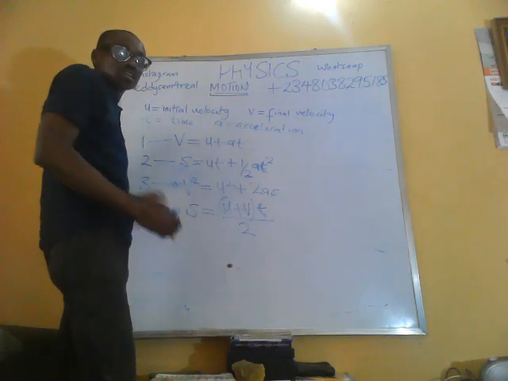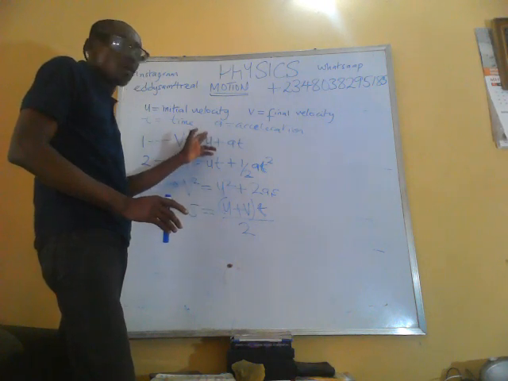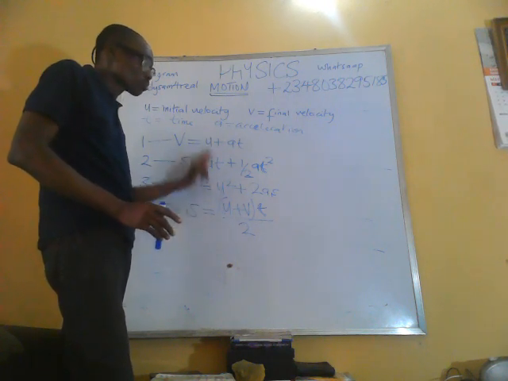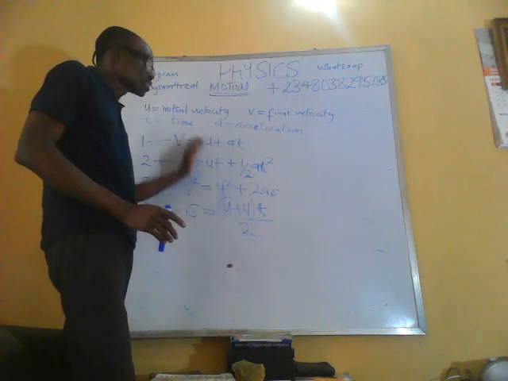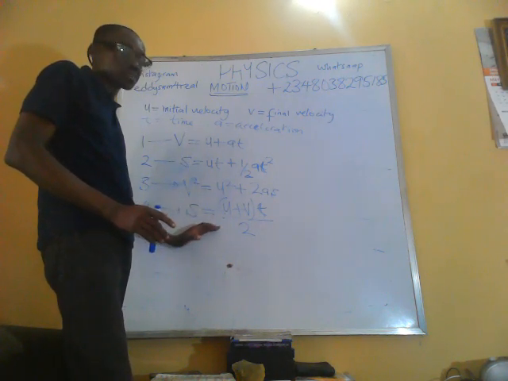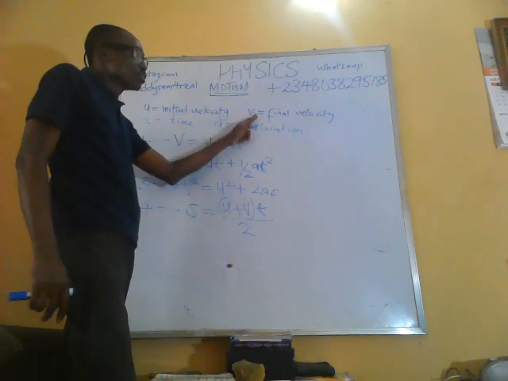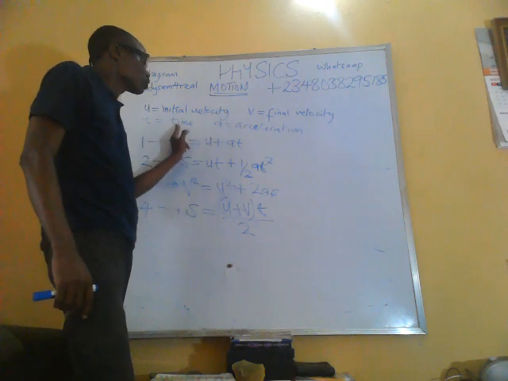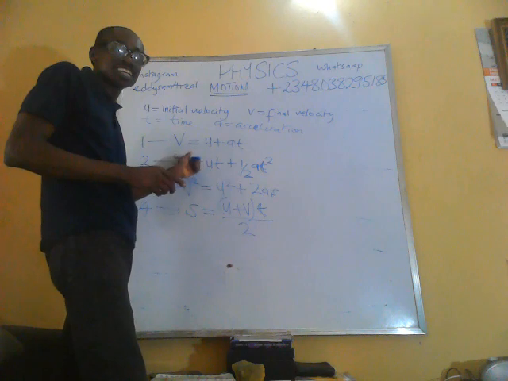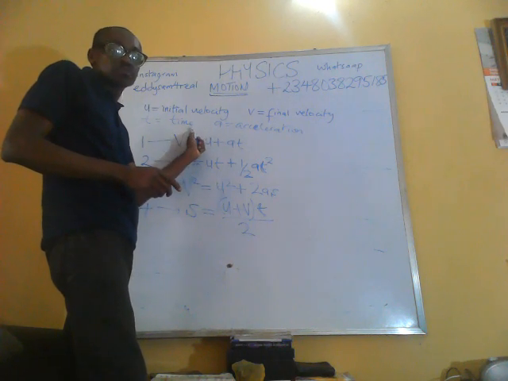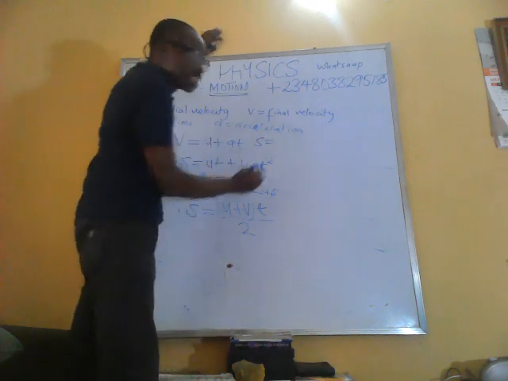So these are the 4 equations of motion, which we'll be using in our next set of problems. Like I told you, u stands for initial velocity, v stands for final velocity, t stands for time, a stands for acceleration, and s, which I didn't define earlier, stands for the distance.